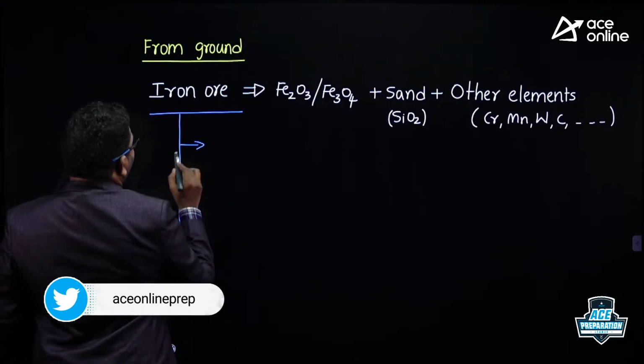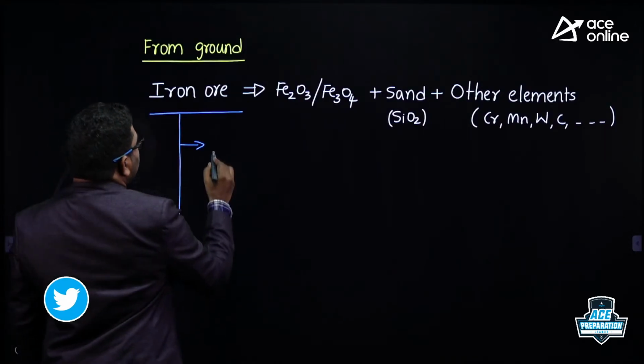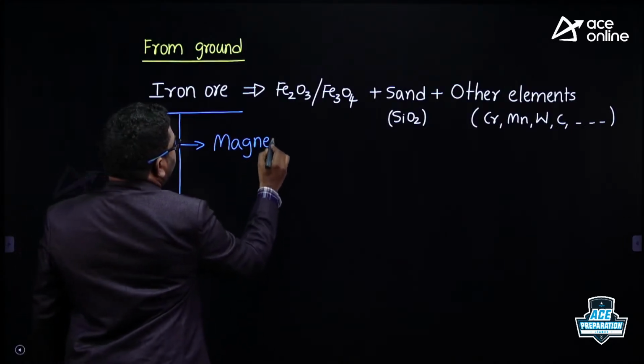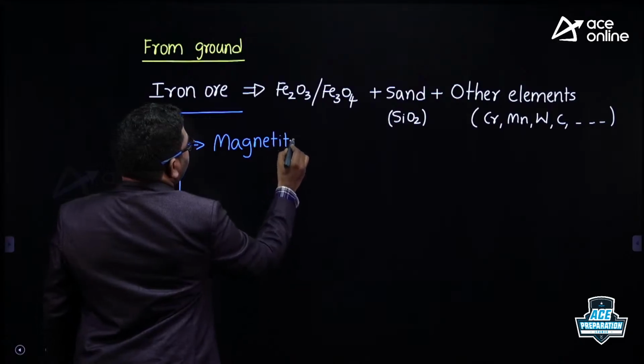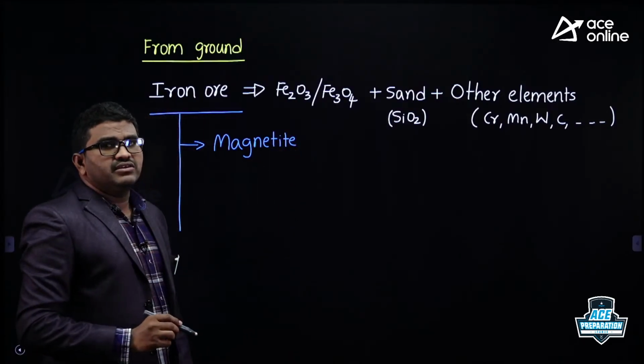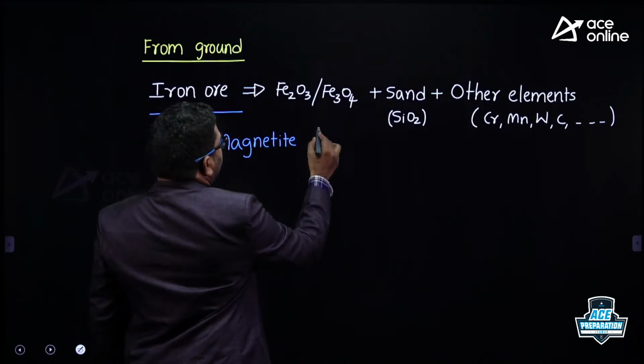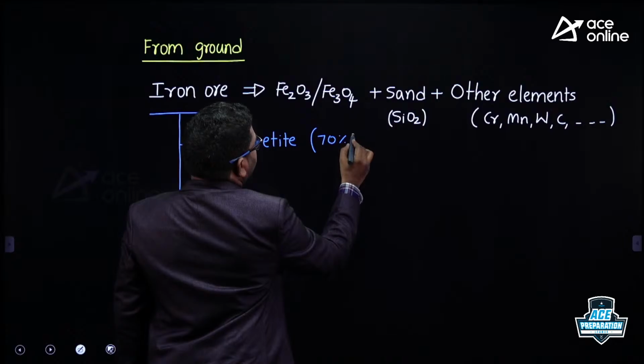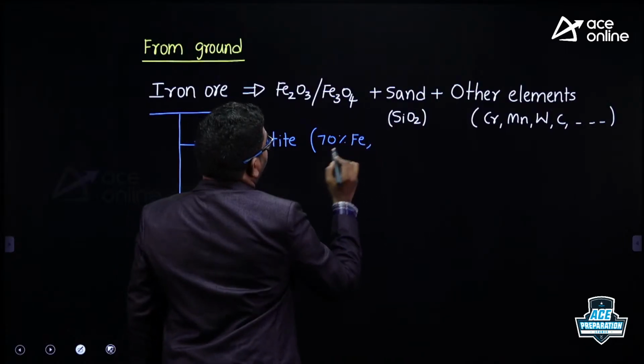One is magnetite. In this magnetite, remember, a large amount of iron is present. Let us say 70% of iron.